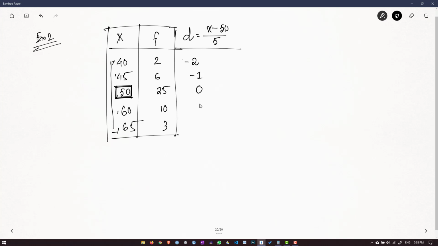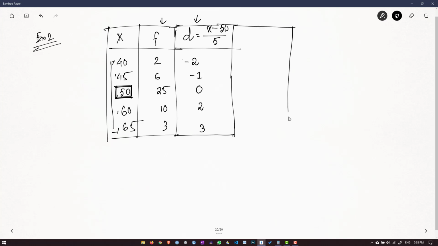This will be 2. This will be 3. Right? So these are the values of D. So these are nothing but a new kind of data set. So now we have D and their corresponding frequencies.